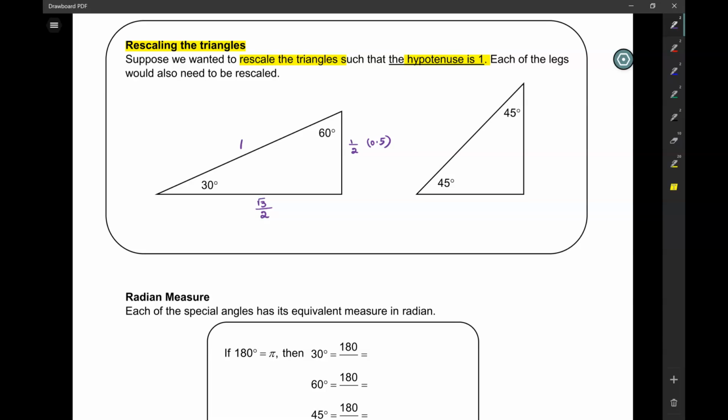It's 0.8660. So, which one of these is bigger, the half or the √3/2? The √3/2. So you see how, again, you have a shorter side and a longer leg. 1/2 and root 3 over 2.